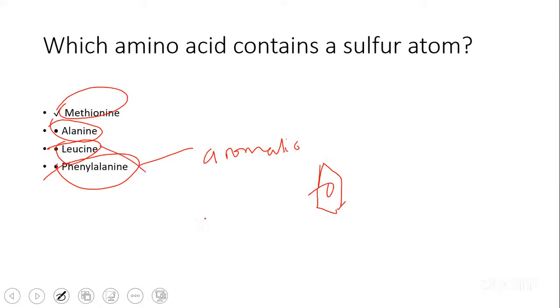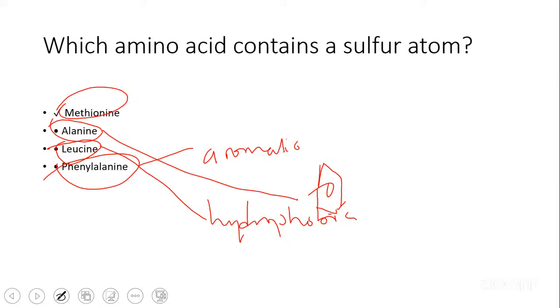Leucine is hydrophobic and neutral. Alanine belongs to the same class with leucine. Methionine is the only sulfur containing amino acid in these options.